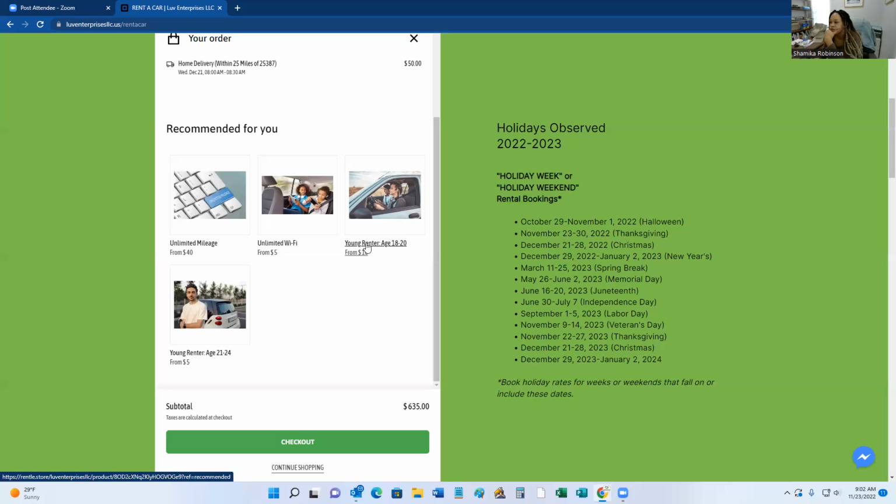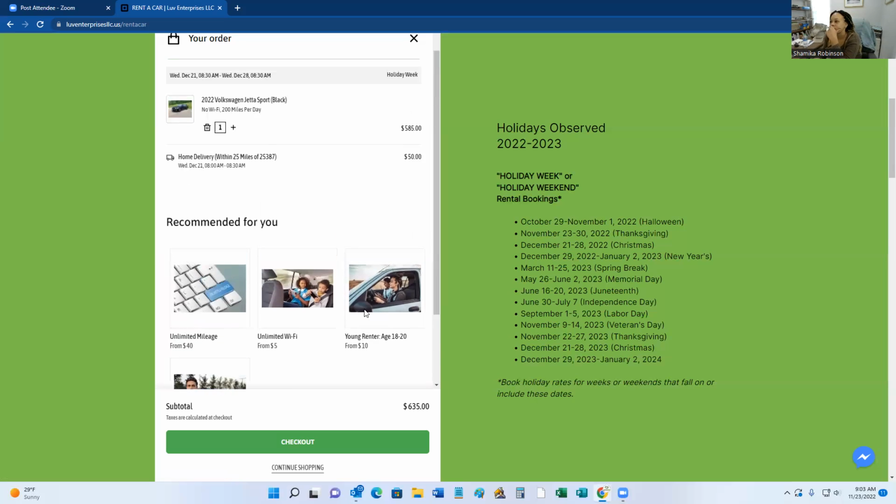So if you know you're 18 to 20, go ahead and hit that. That's pretty decent, I think, compared to other rates. A lot of people require deposits, okay? So there's that. So there's also age 21 to 24. It's only $5 extra a day or less, depending on how long you keep it, right?